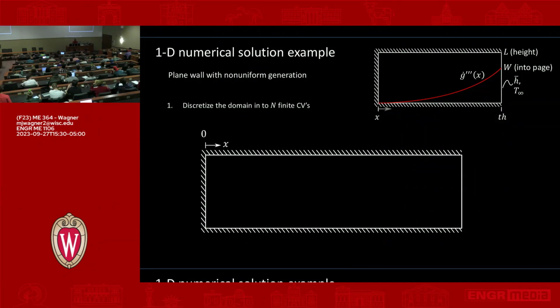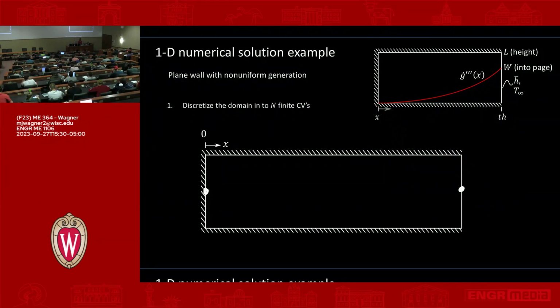So step one is discretize the domain. What we're going to do is pick spots where we're going to draw nodes. Let's pick spots like this. You want to have one node corresponding to each of the boundaries. That makes enforcing the boundary conditions easy. So what I mean is this. Let's first start by drawing a node on the left boundary and drawing a node on the right boundary.